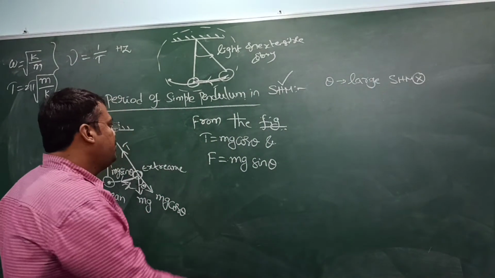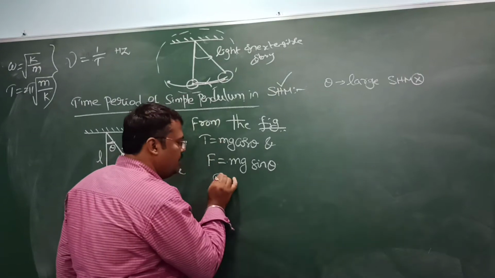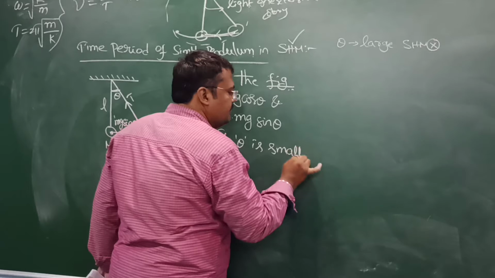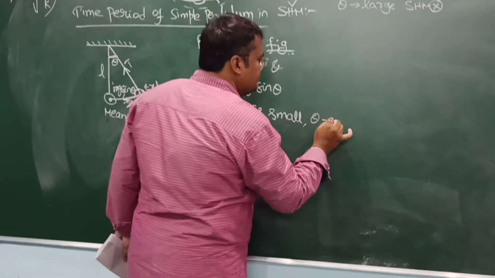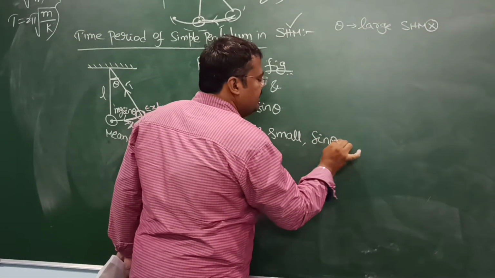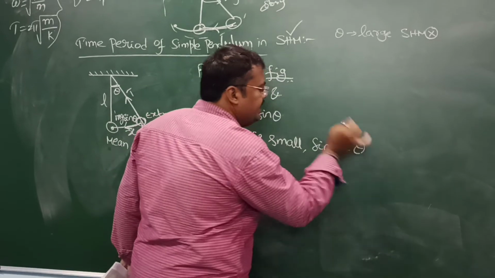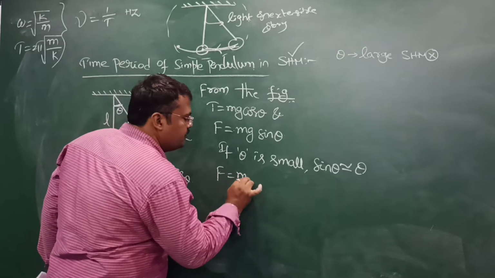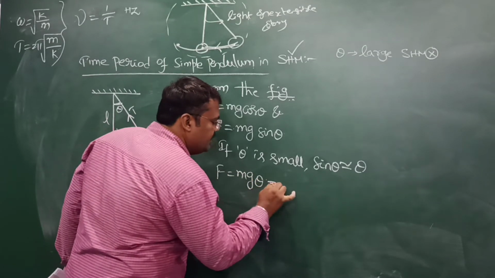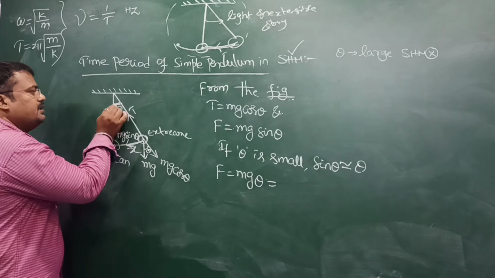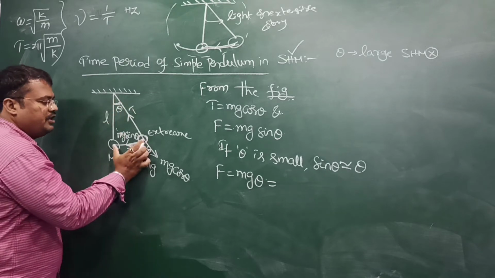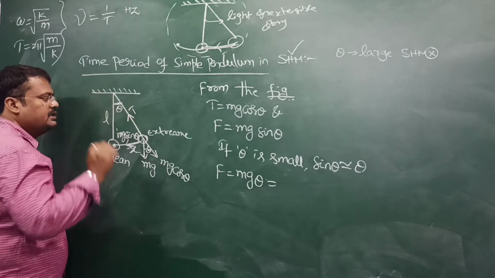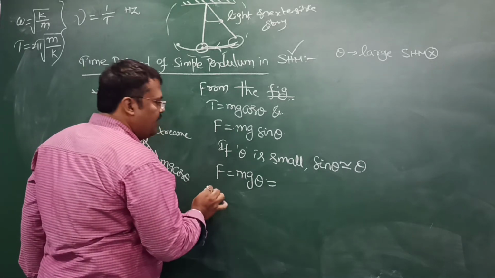Remember this one. If theta is small, then sin theta is nearly equal to theta. Then F is equal to mg into theta. Observe the figure, this is an arc, so angle is equal to arc divided by radius. Then what about the theta value?